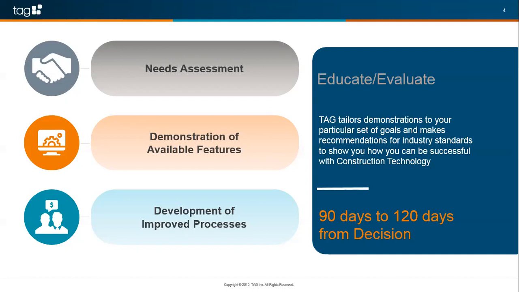And we definitely recognize how important it is to have everybody actually using the available features that you currently own. So being able to recognize what your team prefers, and then also being able to have everybody trained on how to use those. So that is also part of our development of improved processes.